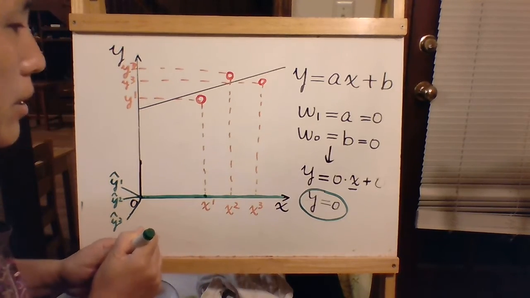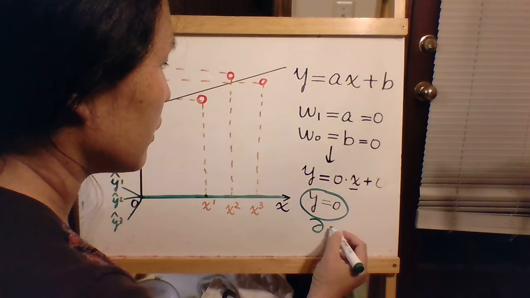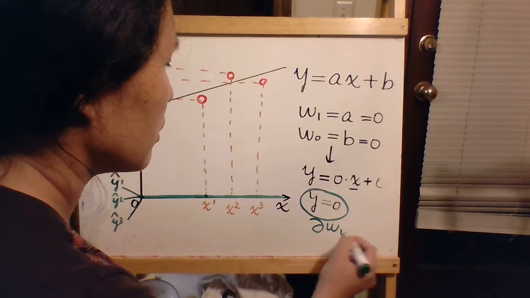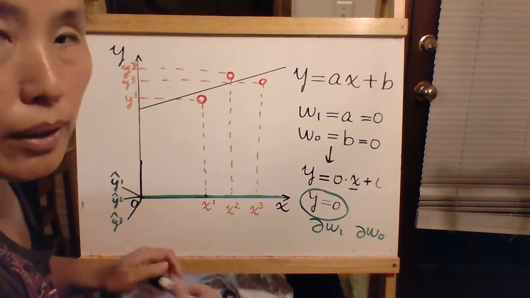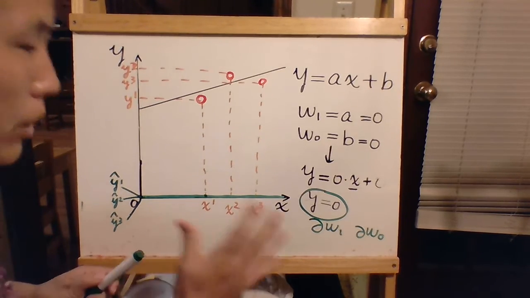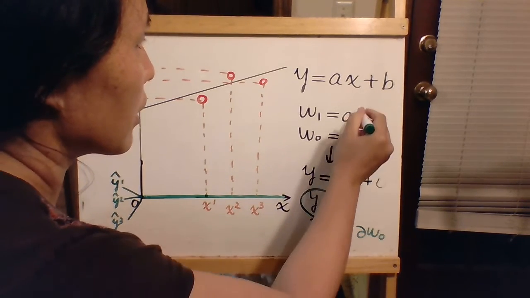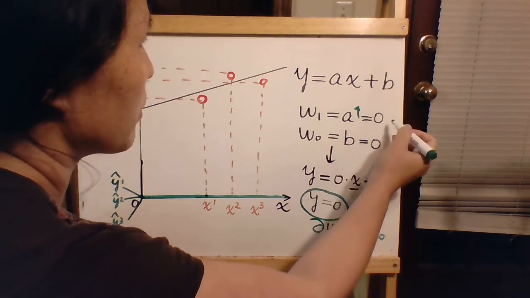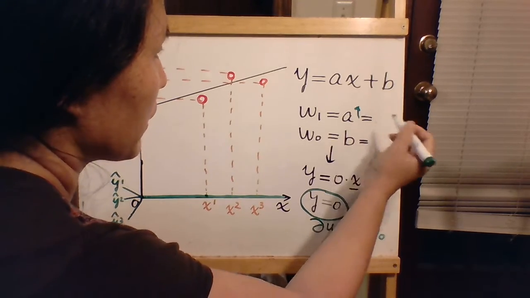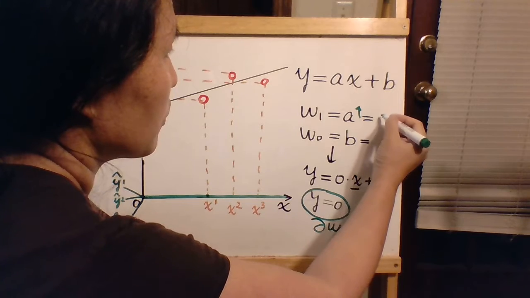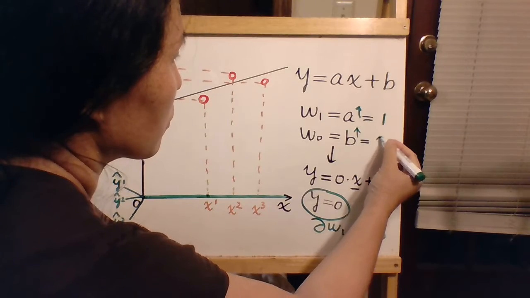Somehow it uses partial derivatives with respect to W1 and W0 to do the adjustment. We'll talk about it later, but for the time being, it's just adjustment. So it increases a a little bit. It's not 0 anymore, maybe it goes to 1, and it increases b as well, maybe to 2.